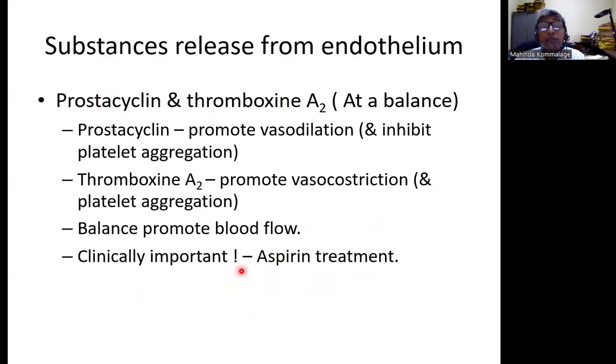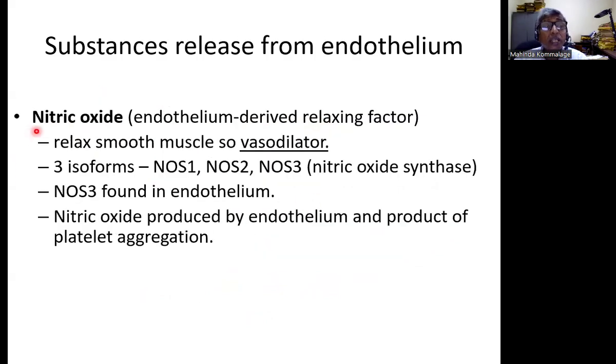So platelet action is something else, but this action will dilate or constrict the blood vessels. Then we have a very potent vasodilator called nitric oxide. I think you learned nitric oxide in the advanced level. So nitric oxide acts as a neurotransmitter as well as this endothelium secreting blood vessel relaxing factor, right?